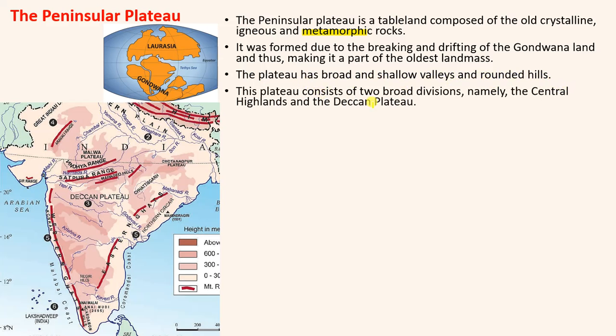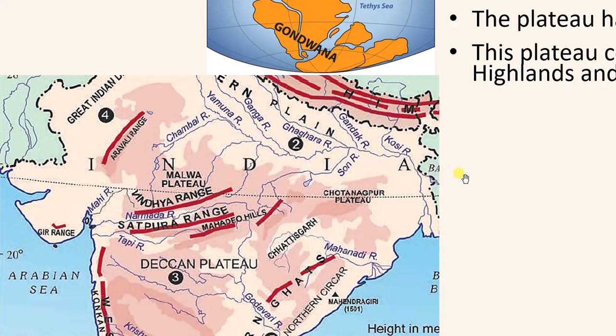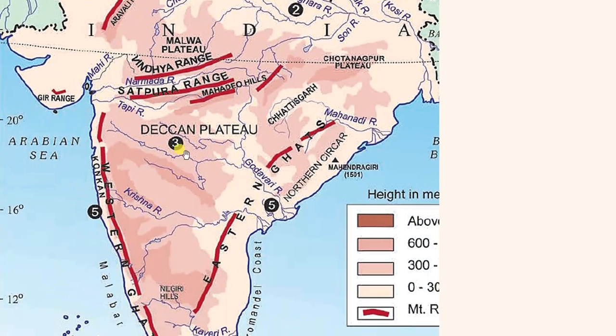This plateau consists of two broad divisions, namely the Central Highland and the Deccan Plateau. Here in this map you can see the Central Highland. This range is mainly known as Central Highland, and this part is known as Deccan Plateau.